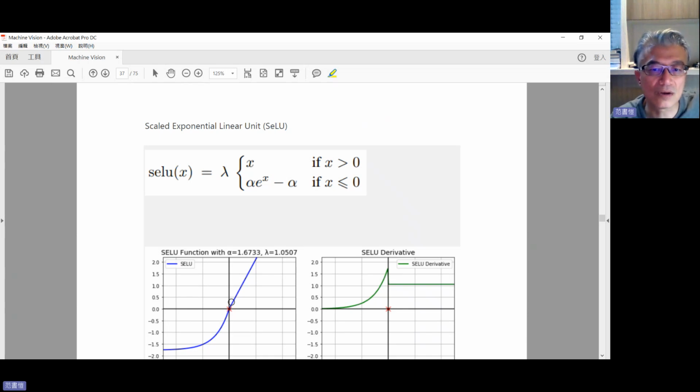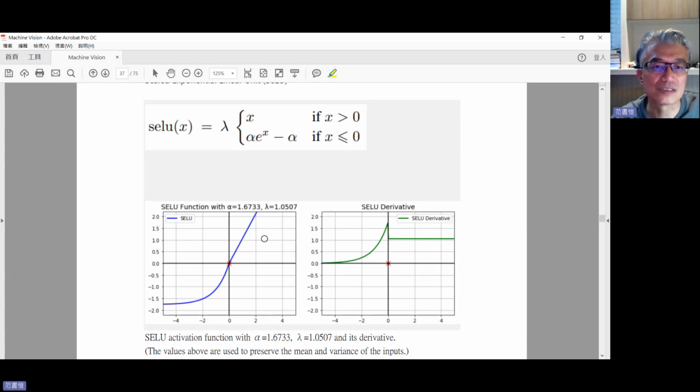If x is greater than 1, it is always a 45 degree line; less than 1, it is alpha times exponential x minus alpha. So this is the SELU function with the alpha and the lambda, which is the scaling parameter. The alpha is the scale parameter.